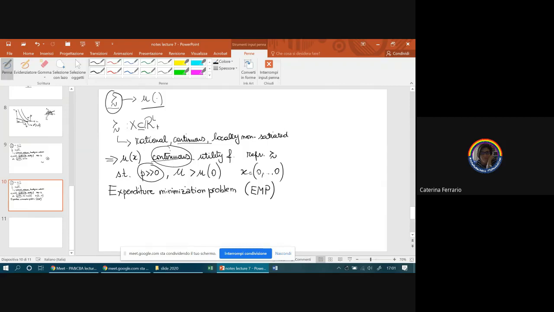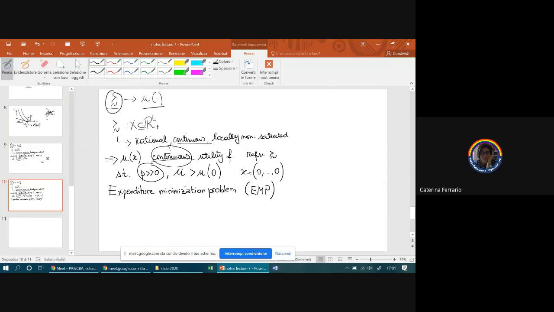So this is, as I said, the dual problem to the utility maximization problem. It is capturing the same aim of the utility maximization problem, the same aim of using efficiently the consumer's resources.